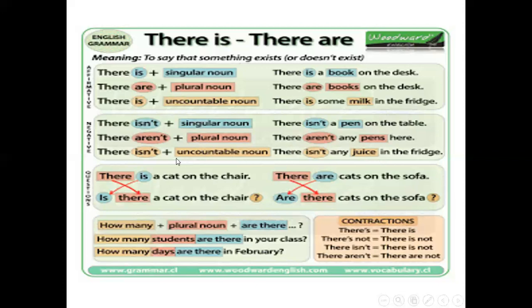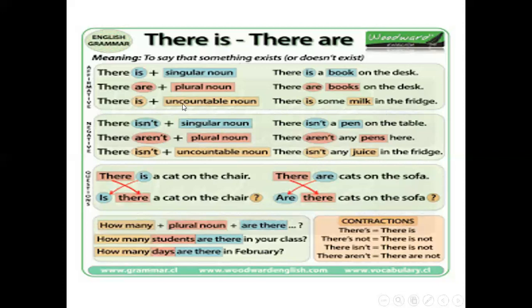So we come to the third example. There is some milk in the fridge. I use some here with affirmative sentences. And here I use any instead of some because the sentence is negative and I use not. So, there isn't any milk in the fridge.